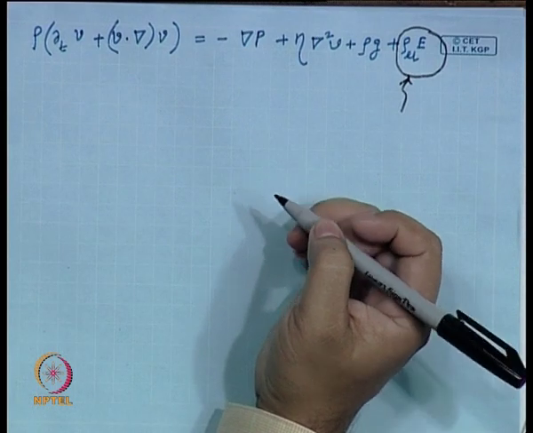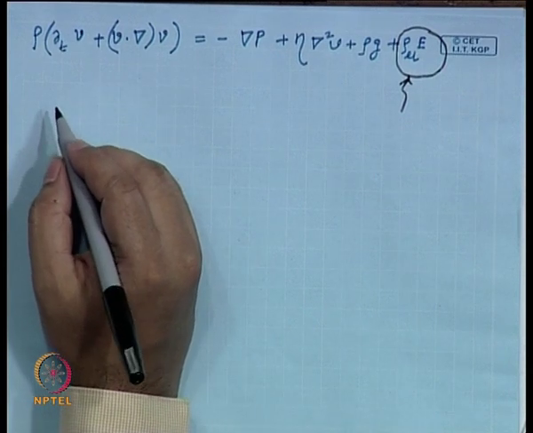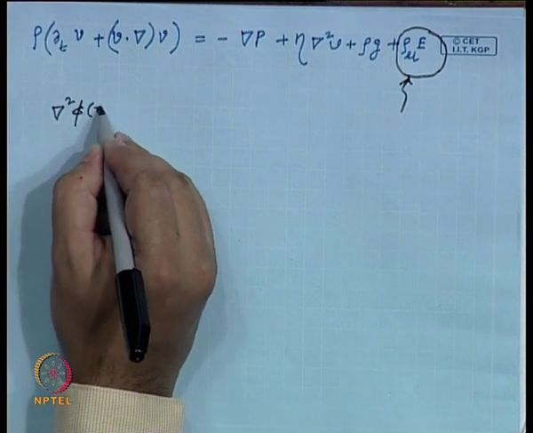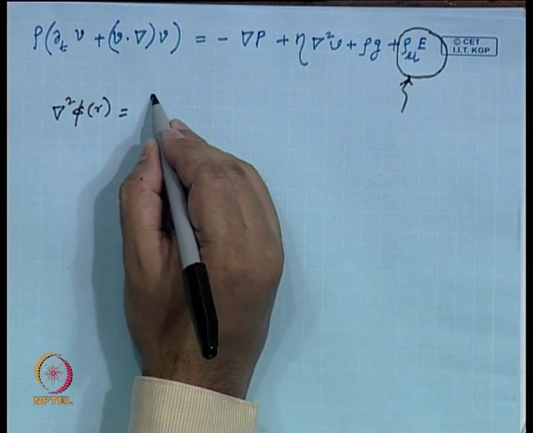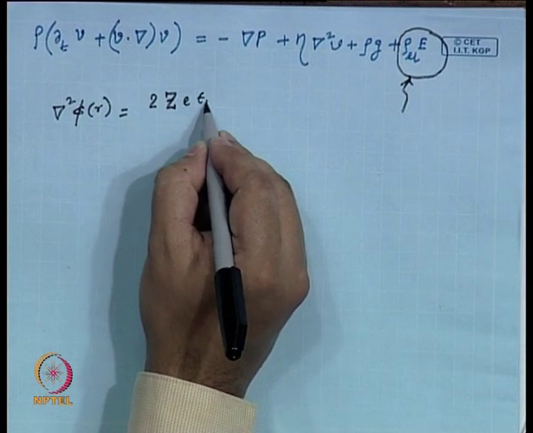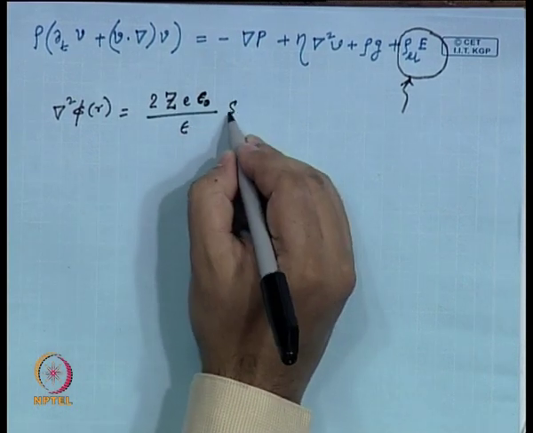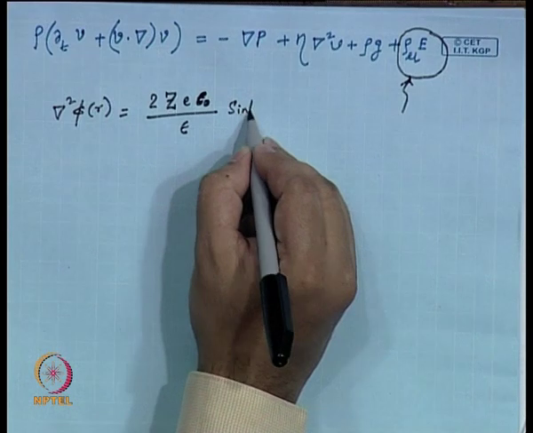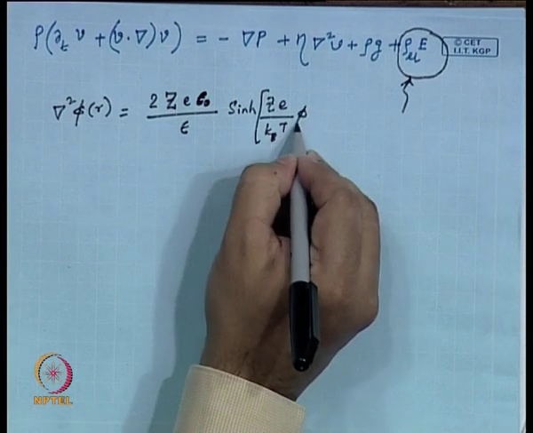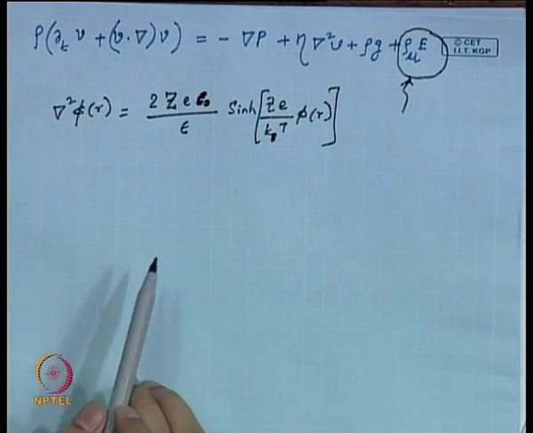What we derived in the last class is something like this: del square phi of r is equal to 2 z e epsilon naught c naught, divided by epsilon, times c naught sinh of z e by kB T times phi of r. This is an expression that we had obtained in the last class.